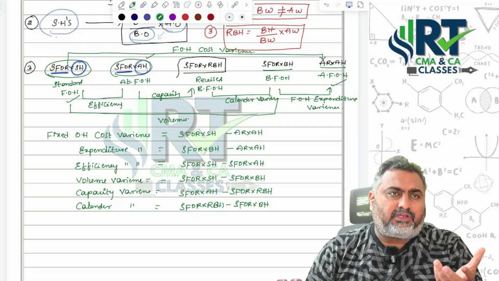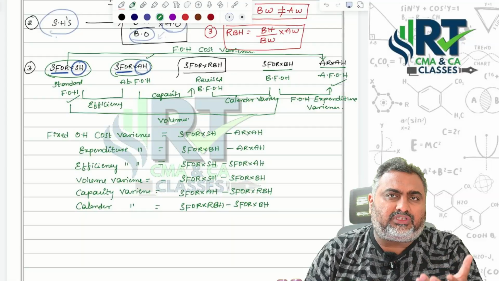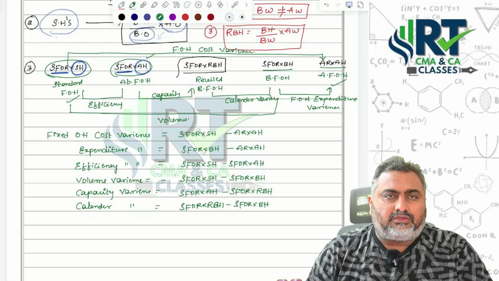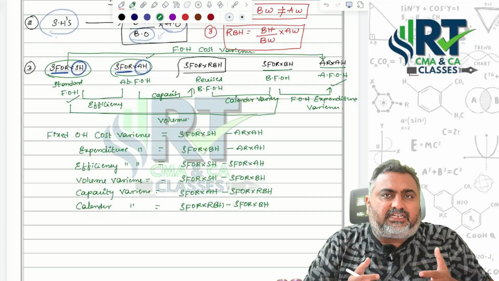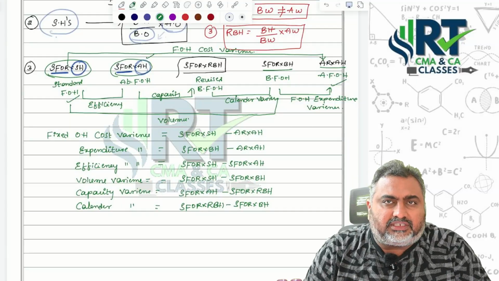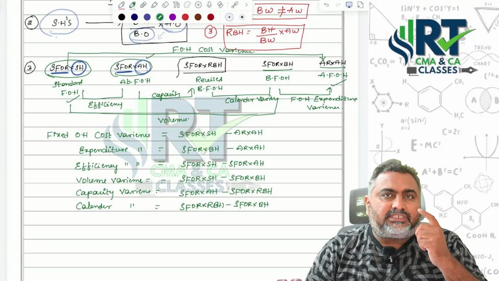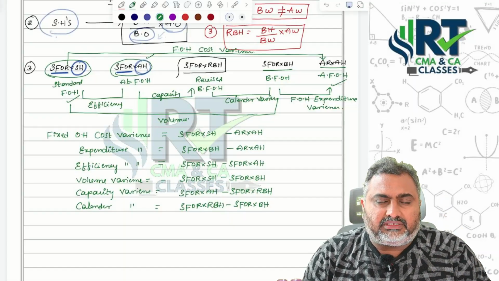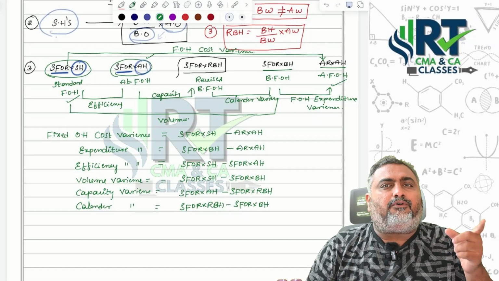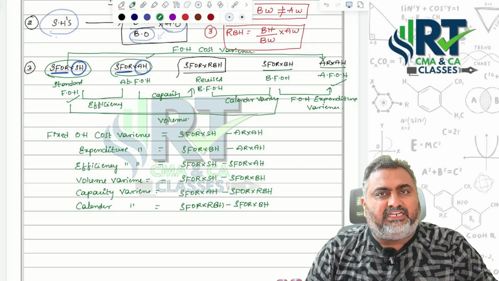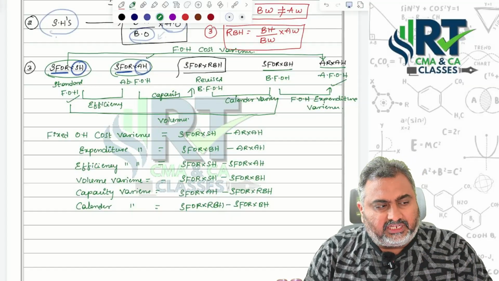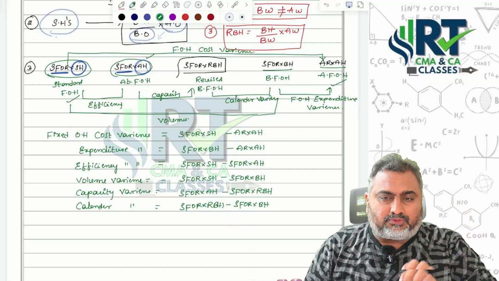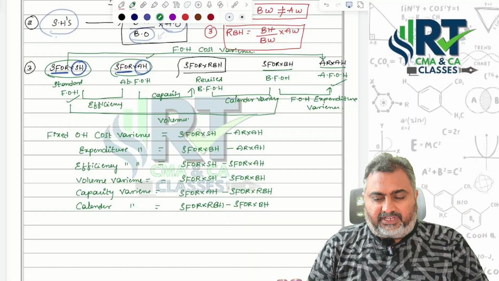If your actual working days and budgeted working days are both the same, there is no concept of revised budgeted hours. So the RBH was generated because of working days differences. Working days means we can remember the word calendar. That's the reason for calendar variance. What is the formula? SFOR into RBH minus SFOR into BH. Revised budgeted fixed overheads minus budgeted fixed overheads. That is what we are calling calendar variance itself.